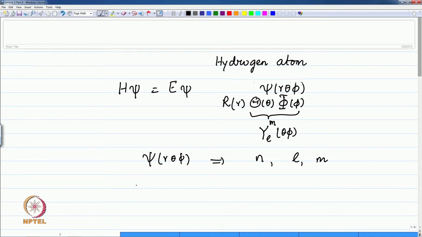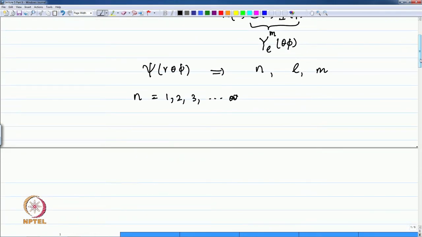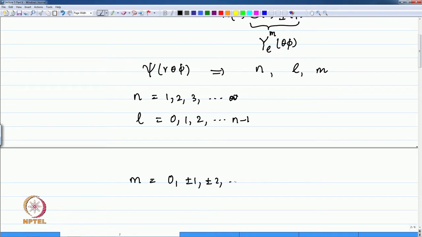The values for these quantum numbers are: n goes from 1, 2, 3 to infinity, and the value of l is limited by the choice of n. It goes from 0, 1, 2 up to n minus 1, and the value of m is also chosen by the values of l, namely 0, plus minus 1, plus minus 2 up to plus minus l.